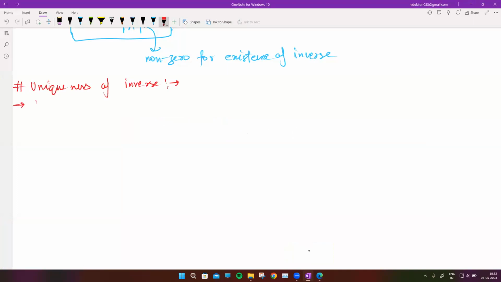So it says that the inverse of a matrix, if it exists, is unique.